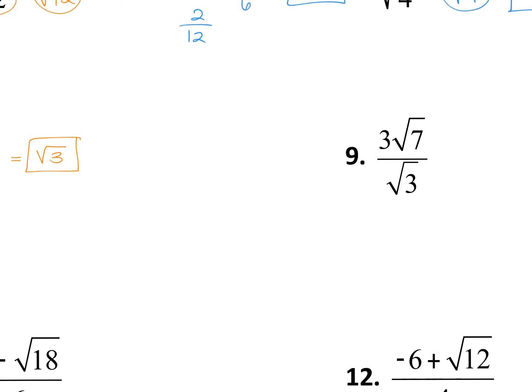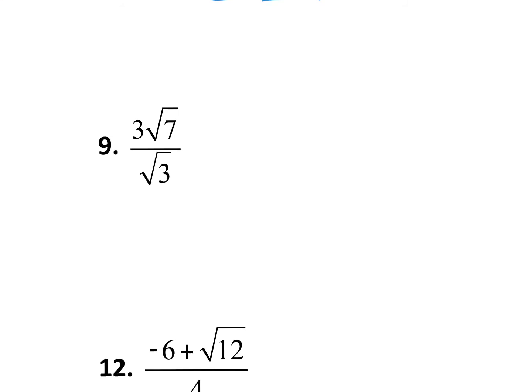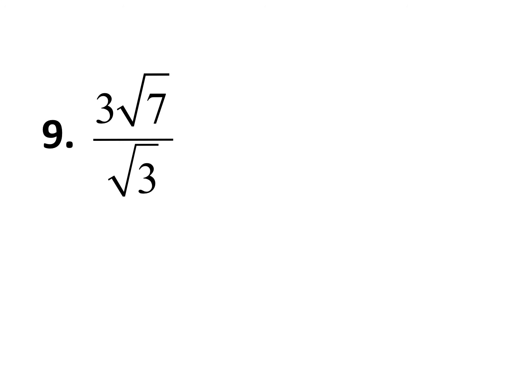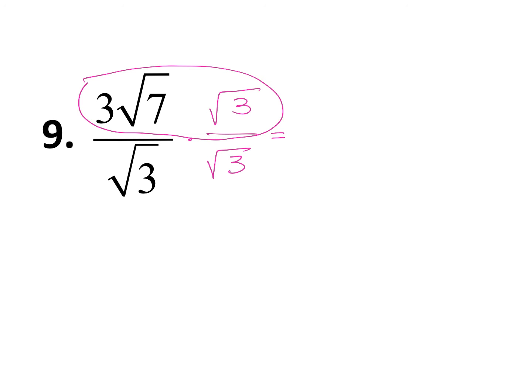All right, number 9. What are you going to do there? Multiply by the square root of 3 over the square root of 3, right? Multiply by 1, so it doesn't change our value. So up top, I can only multiply the radicals together and the non-radicals together.